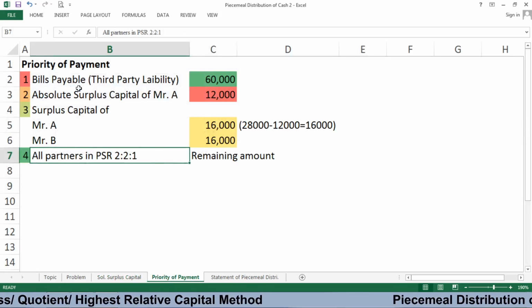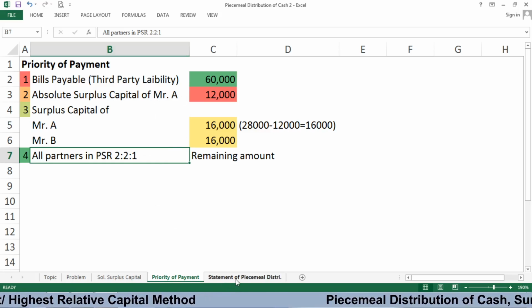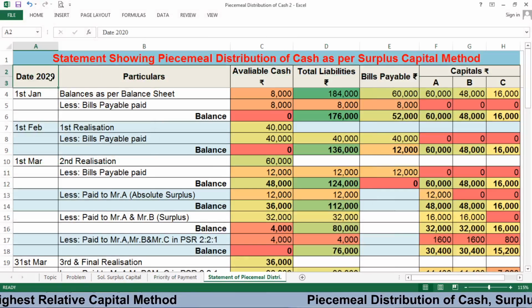After that, we prepared the priority of payment, that is, whom we have to pay first: the person who is liable to receive the amount will receive first, then other payments will be done. On that basis, we prepared a statement showing piecemeal distribution of cash.